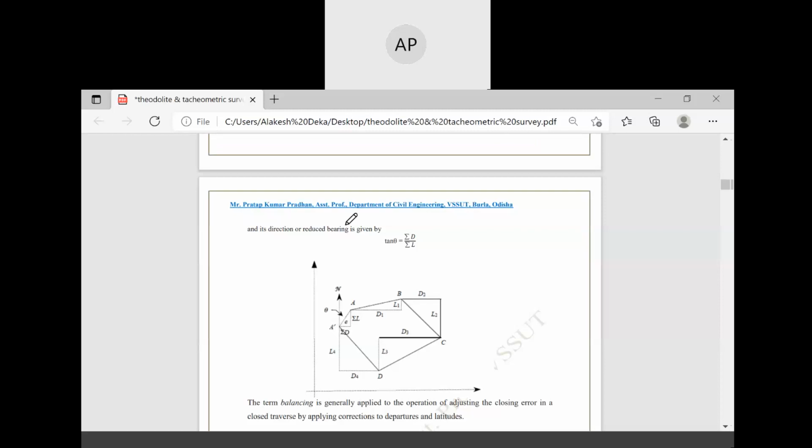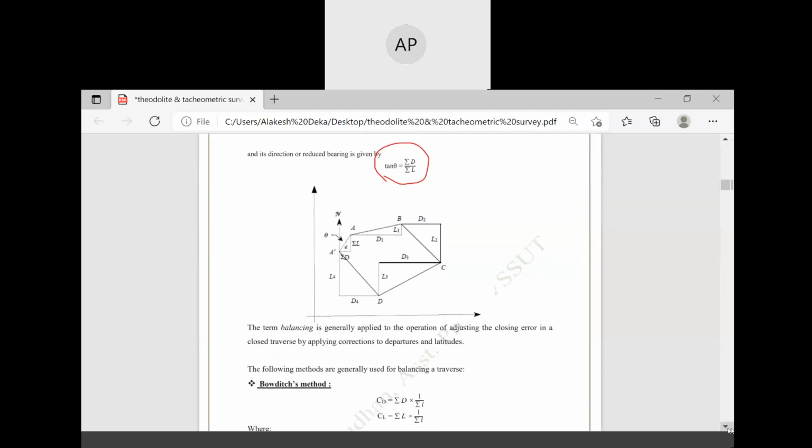Let them wait. So the direction and reduced bearing is given by tan theta equal to summation of D divided by summation of L. The term balancing is generally applied to the operation of adjusting the closing error in a closed traverse by applying corrections to the departure and latitude. So there are some rules.